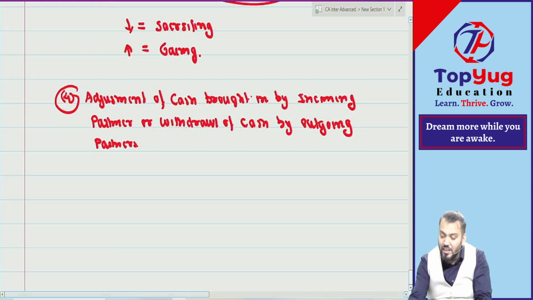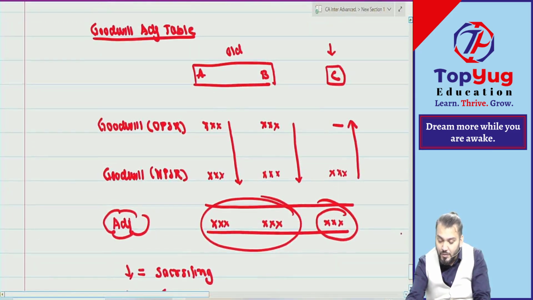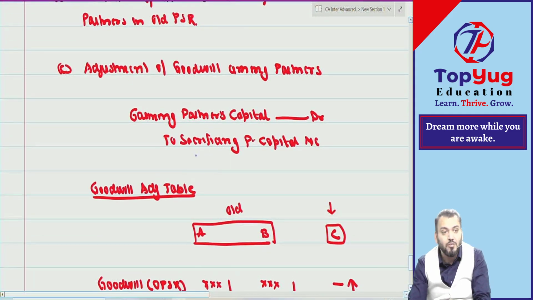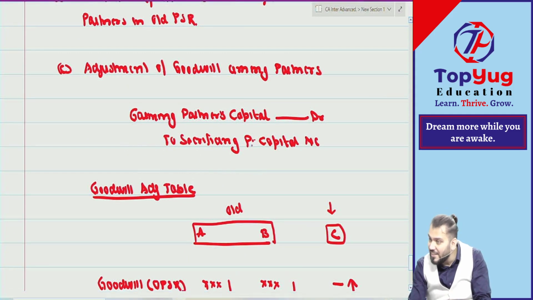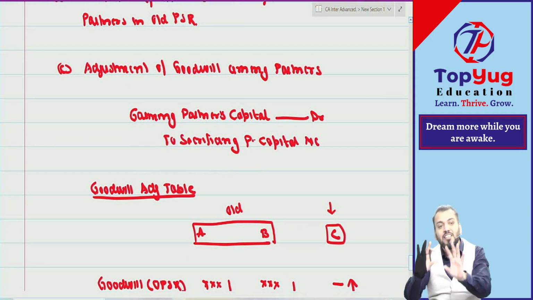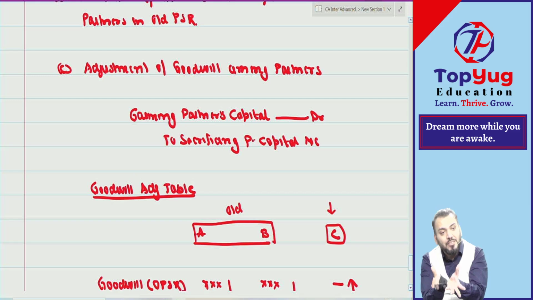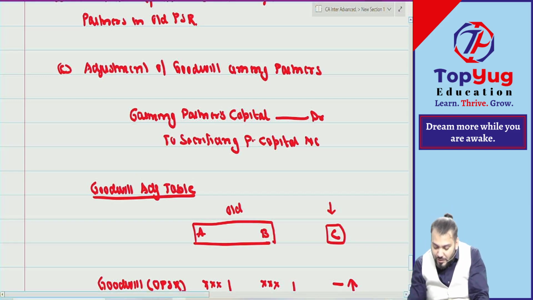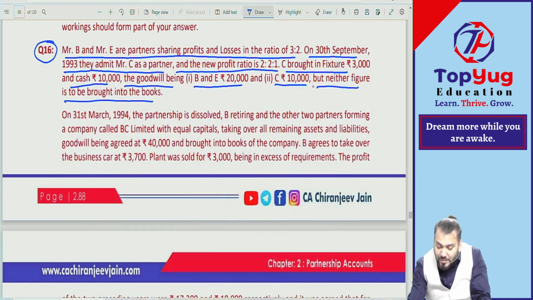What journal entry have I given? Check. I have not said goodwill account debit. I said gaining partners to sacrificing partners, so it is adjusted only through the capital account. Goodwill will not come in the balance sheet. Understood? Even though not given, we will never raise it.